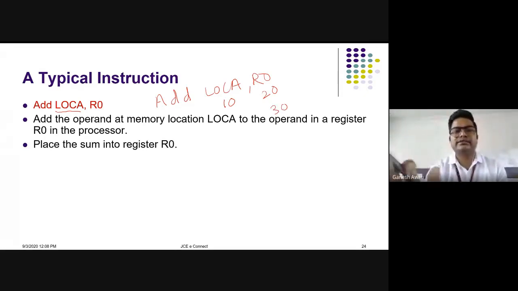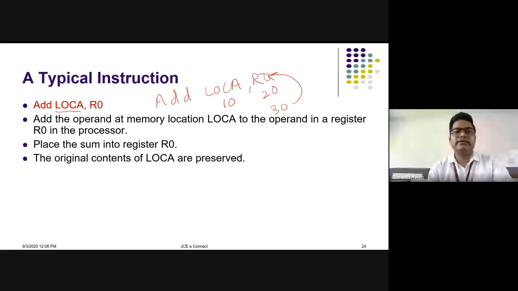Just consider it in decimal; actually the data will be in hexadecimal here, but we are saying decimal. So 10 plus 20 is 30, which is our result. Where are we storing the result? In R0. But previously R0 had 20, and now the result is stored into R0, so it is overwritten, and the previous content of R0 is lost.